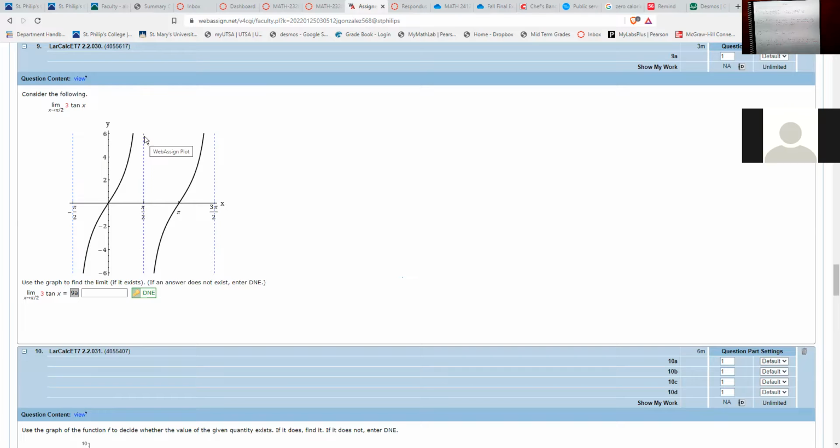From the right side, though, it's going to negative infinity. It gets infinitely close, but never touches it either. So both of these sides are going in opposite directions. That's why the limit does not exist, because this one's infinity and this one's negative infinity, not the same.